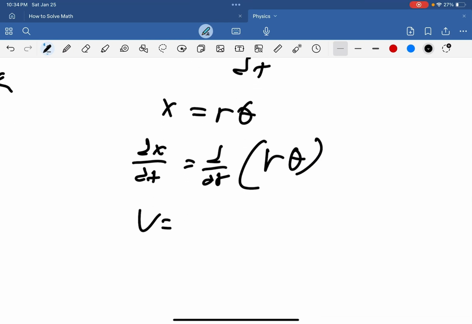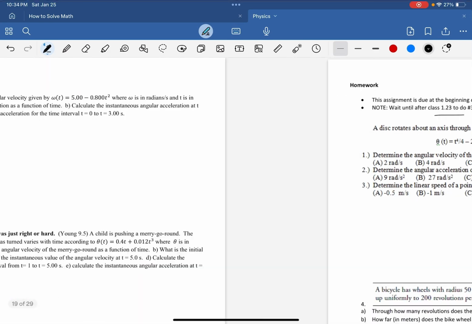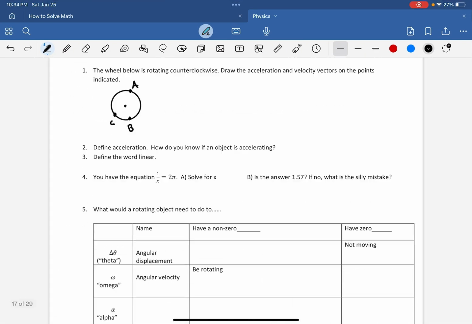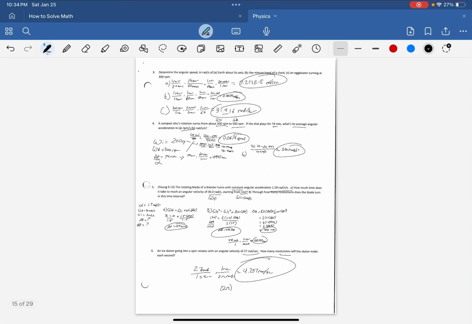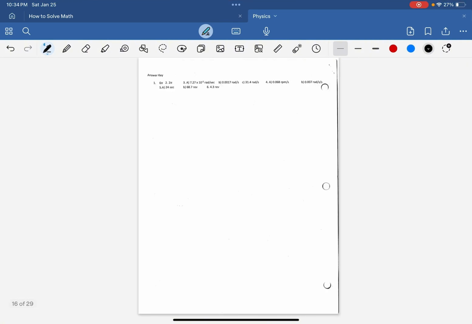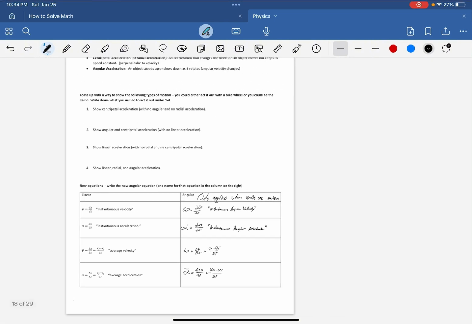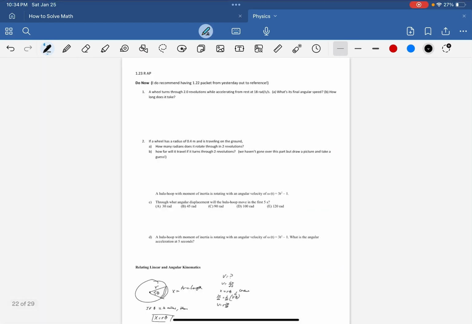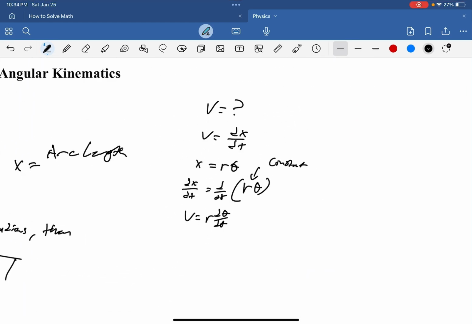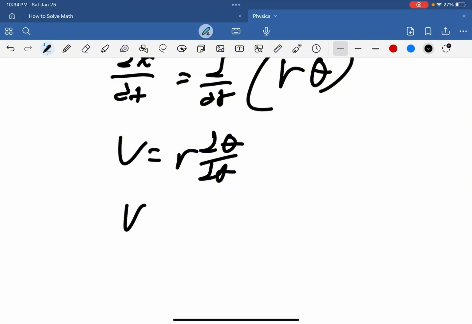So v is equal to, and r is just a constant, so this is going to be r times d theta over dt. And remember what we established earlier, that d theta over dt is omega. So v, our linear velocity, is going to equal radius times omega.